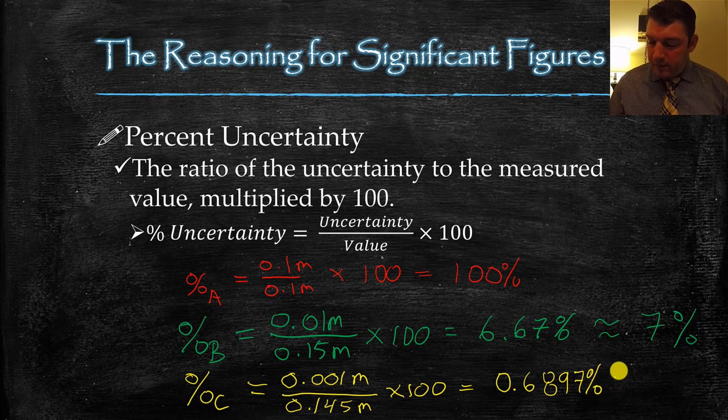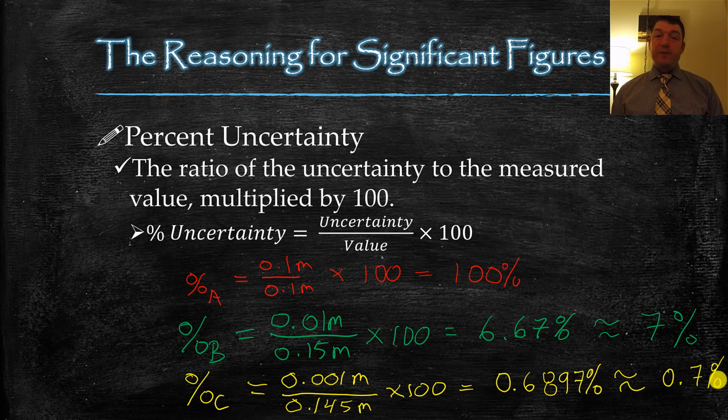And then later on we'll find out why, but that would be 0.7% uncertainty, which means our level of uncertainty is getting very small. We're within 1%, we have a 0.7% uncertainty, which means we're pretty confident that we've gotten close to capturing the true value of the pencil.